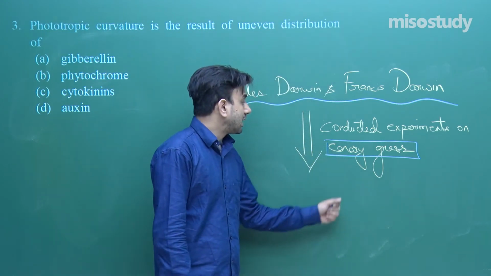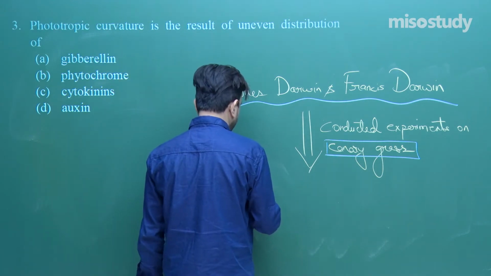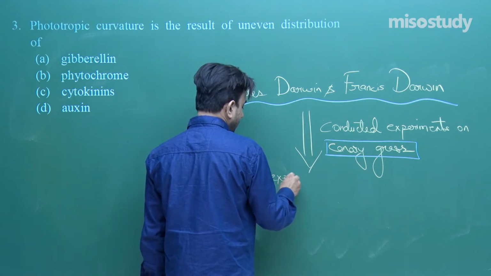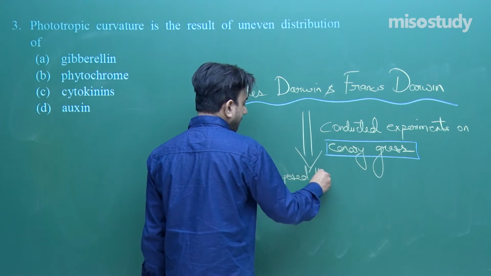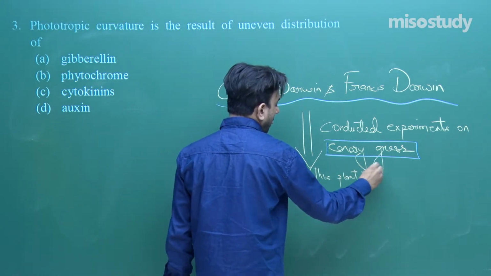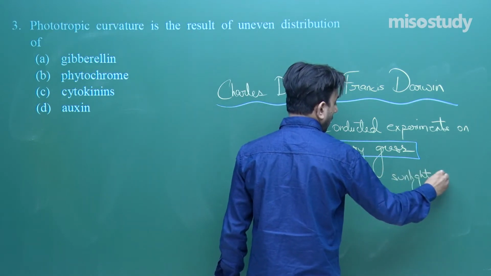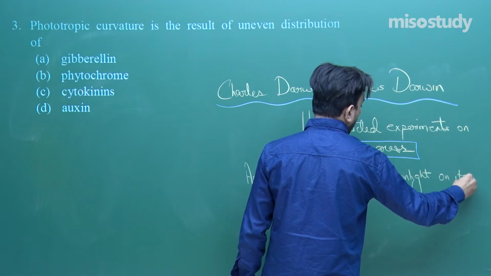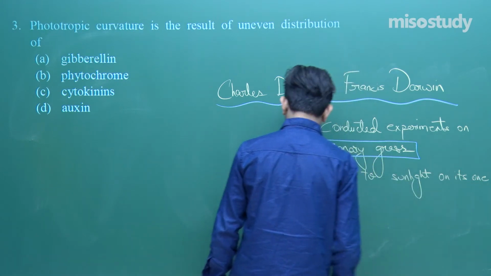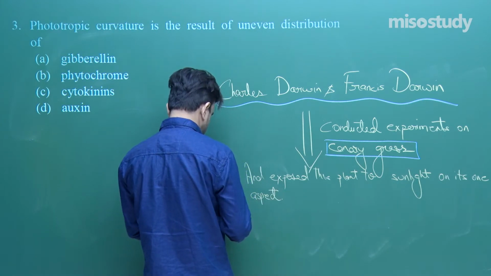So they conducted experiments on canary grass and exposed this plant to sunlight on its one aspect.